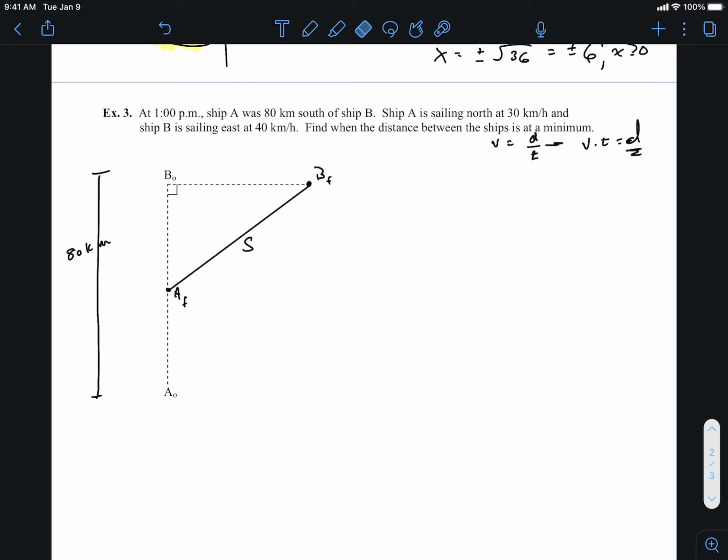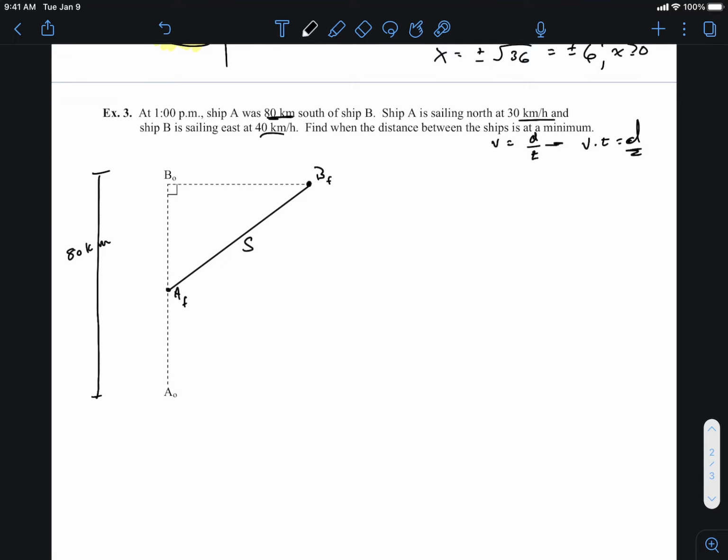In this particular question, they've told us a distance, but then they've mixed in these speeds. Well, we can work with that. It just adds a variable. We just don't know what time is, but that's ultimately how we find when the distance between the two ships is at a minimum.